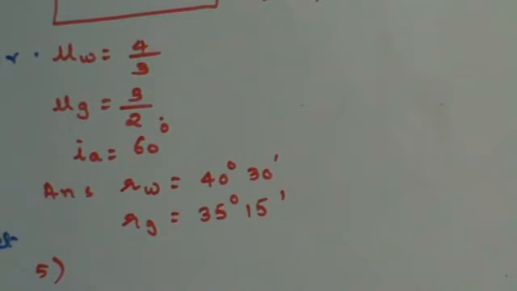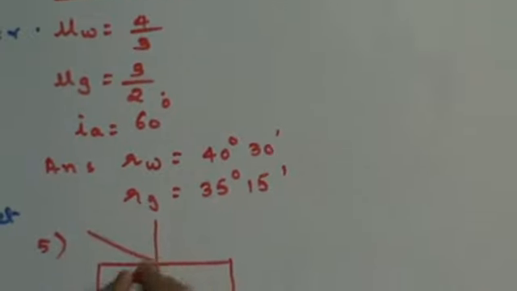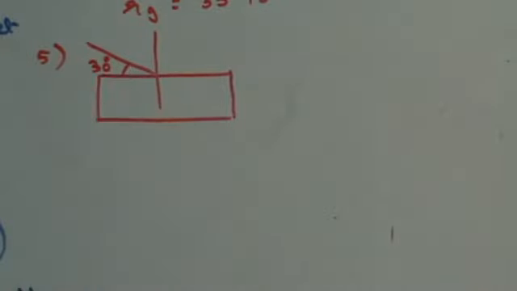Light is incident on a glass slab at an angle of 30 degrees with the surface.